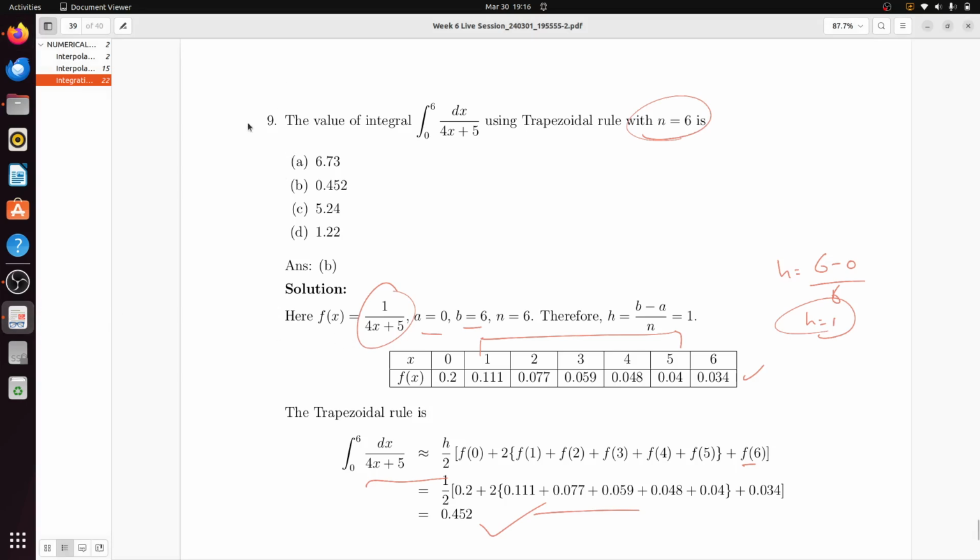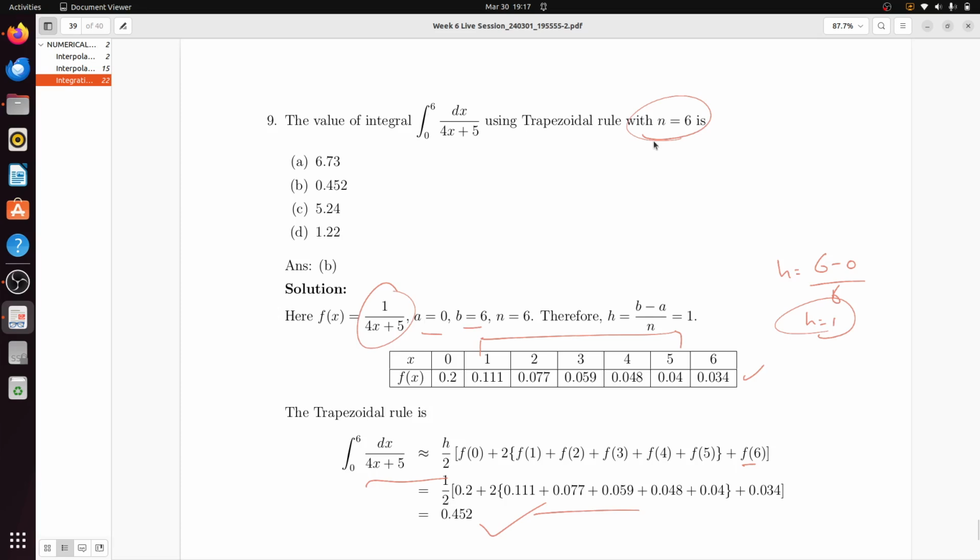The value of integration 0 to 6 dx by 4x plus 5 using the trapezoidal rule with n equal to 6 is 6.73, 4.52, 5.24, 1.22. How to solve? Your f(x) is 1 by 4x plus 5, a is equal to 0 and b is equal to 6.